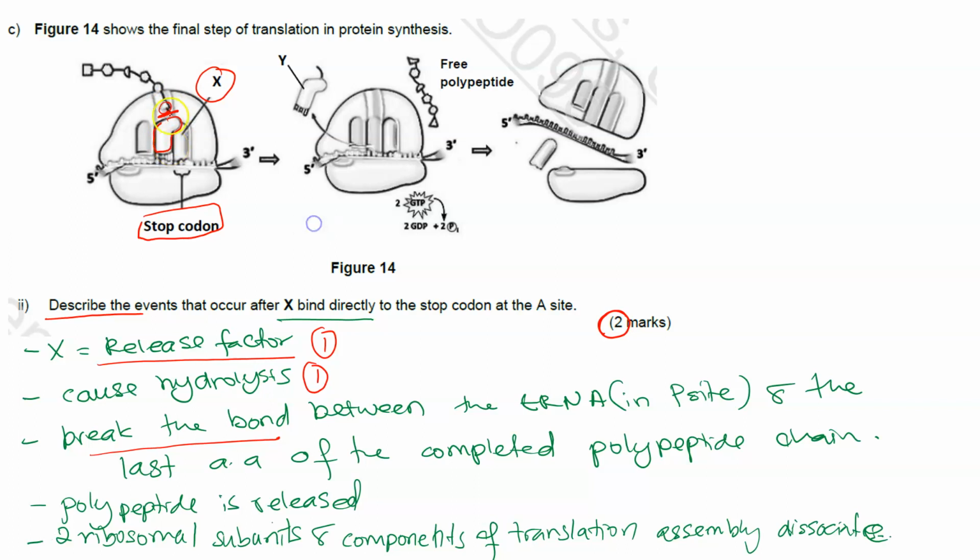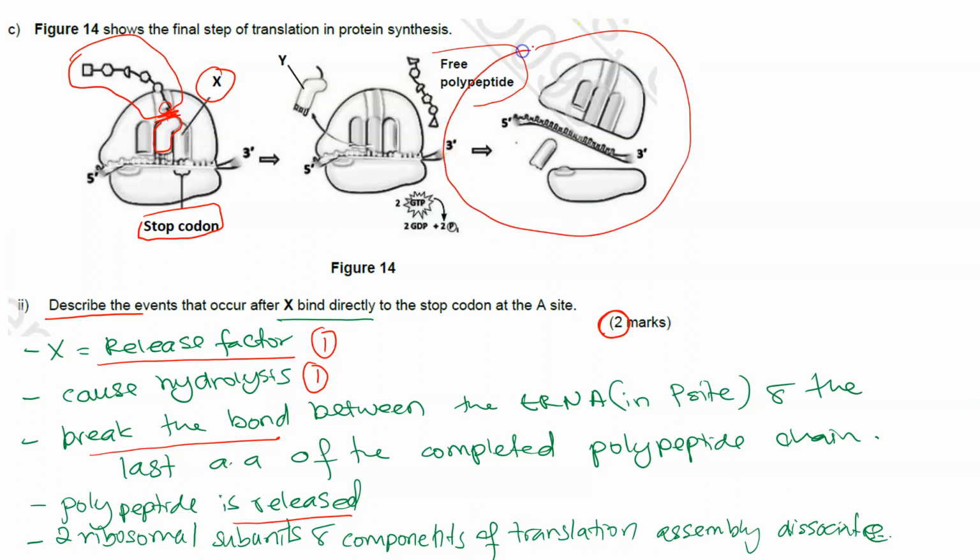So when you break the bond, now you have the completed polypeptide chain that is ready to be released. Dia dah complete lah, the process of translation has now completed. So after that, the whole assembly involved in translation will dissociate. The two ribosomal subunits and also the components of the translation assembly dissociate.